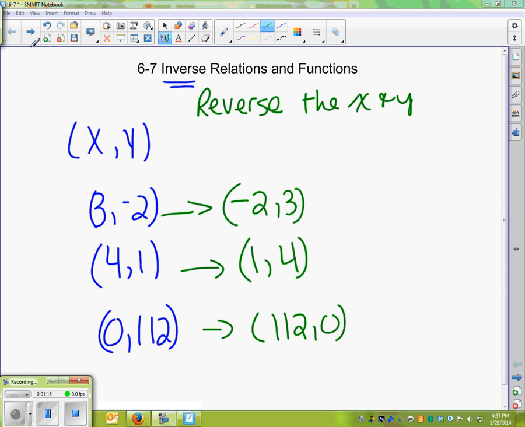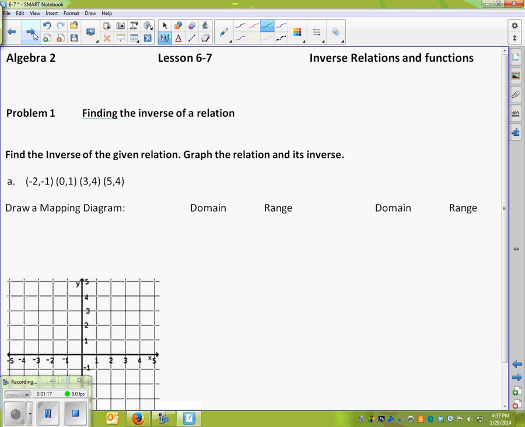So let's see how this works in one of our problems. In problem 1, it wants us to find the inverse of a relation. I'm going to use a mapping diagram to list out my domain, which are the x values, and the range, which are the y values.